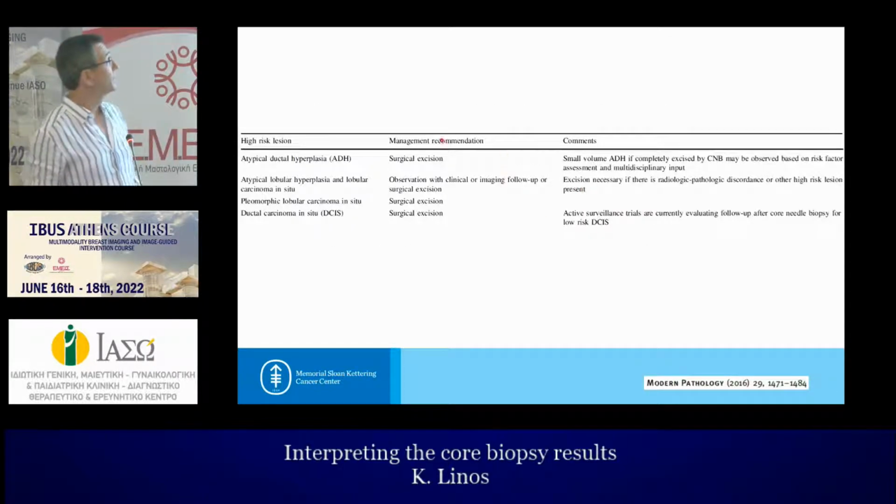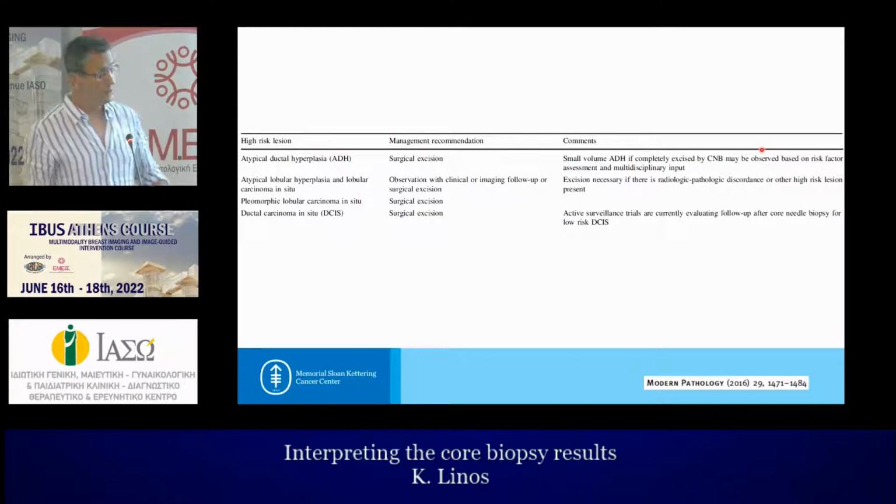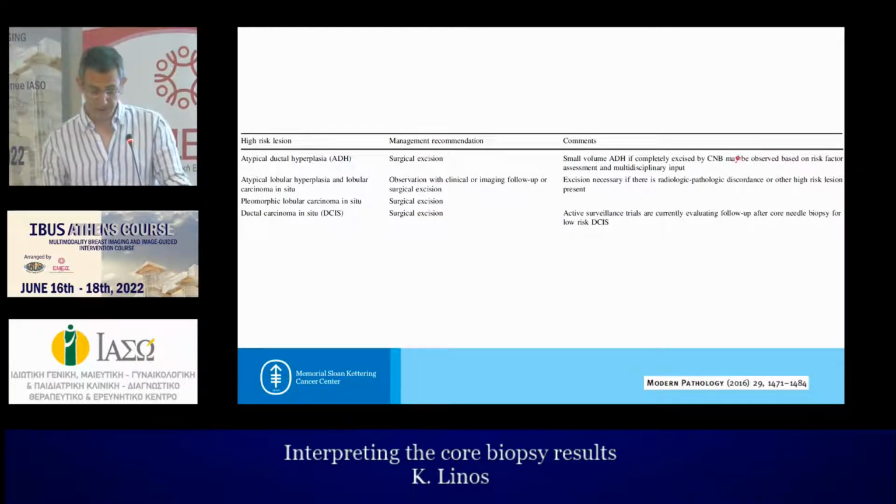So to summarize, if you get a patient with atypical ductal hyperplasia, surgical excision is now the recommendation, except if you have a very small volume of ADH that has been completely excised and you don't have any remaining calcifications, so it's a small percentage of patients that you can watch. If you get a diagnosis of atypical lobular hyperplasia or LCIS, these patients can be offered observation unless there is discordance.